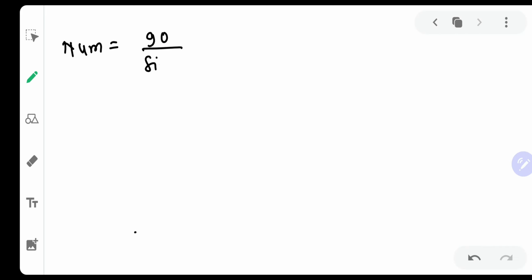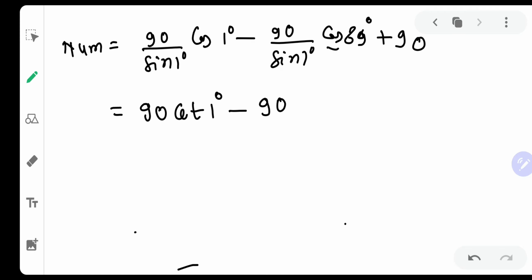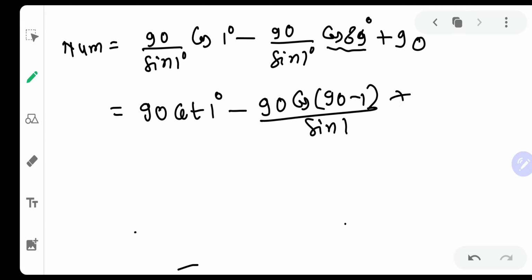So this will turn into numerator 90 upon sine 1 degree into cos 1 degree minus 90 upon sine 1 degree into cos 89 degree plus 90. So this will be equal to 90 cot 1 degree minus 90 cos 89, which can be written as cos of 90 minus 1, which is sine 1, plus 90, it is in degrees.